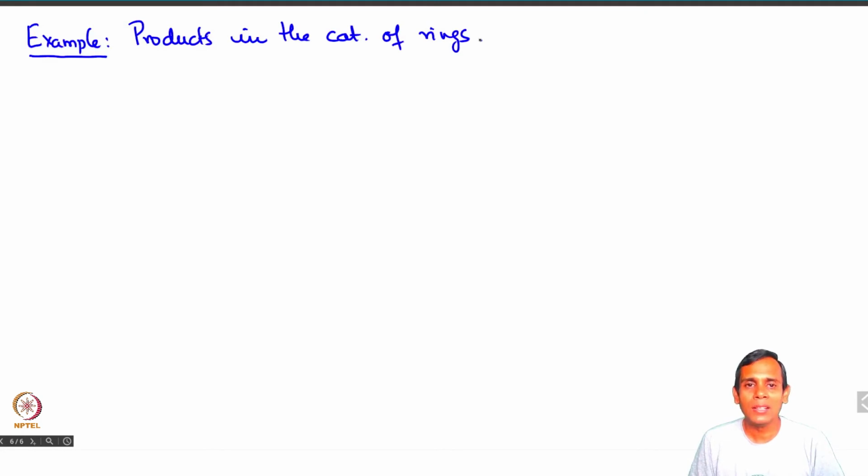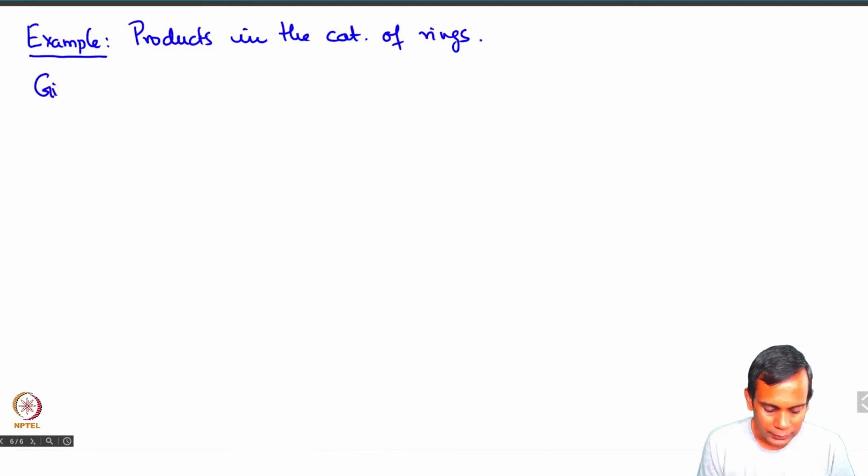And the arrows in the category of rings are ring homomorphisms. So they preserve addition and multiplication, but also they must map the unit of the domain ring to the unit of the image ring. So that's the category of rings. And in the category of rings, there is a well-defined notion of product.